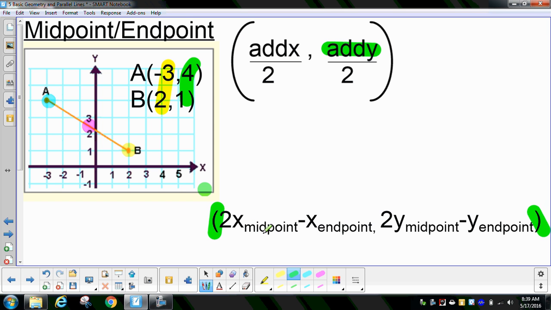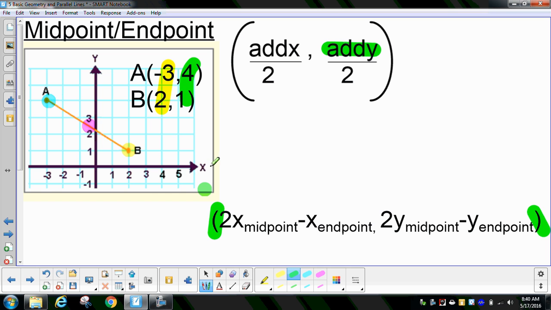I double the x value of the midpoint and I subtract the x value of the endpoint. So the x value of the midpoint, if B is the midpoint now, we multiply it by 2, that's 4, and subtract the x value of A. So 4 minus negative 3 gives us 7.